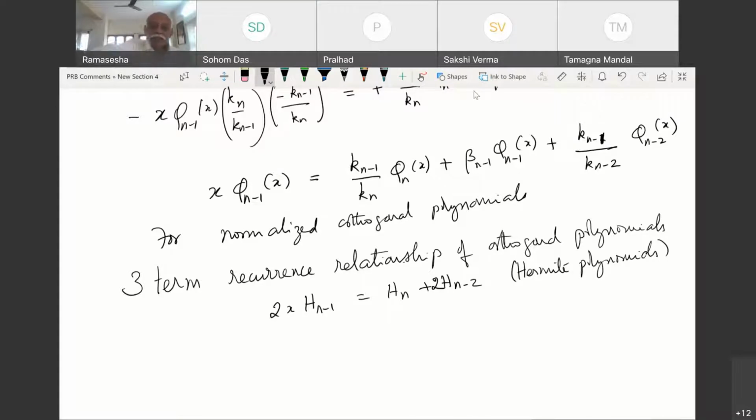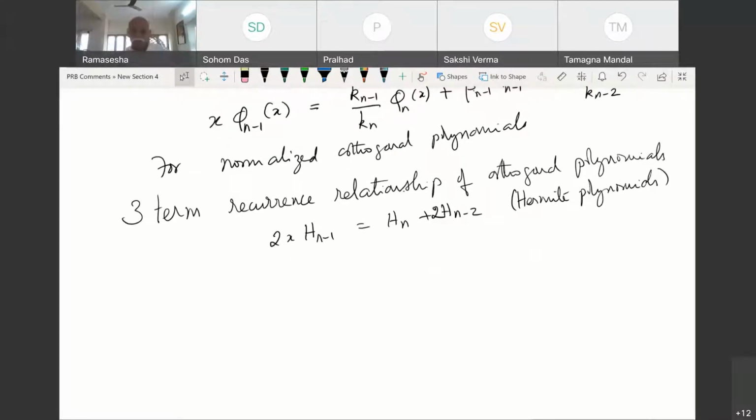Okay, but there are some. So I can write down, for example, take n equal to 1. So what I get is xp naught, n equal to 1, so this will be k0 upon k1 p1x plus beta 0 p0.